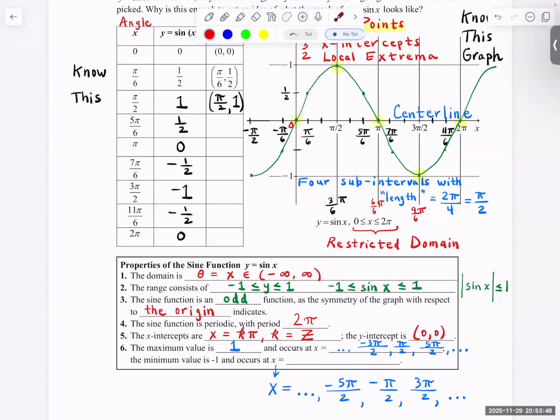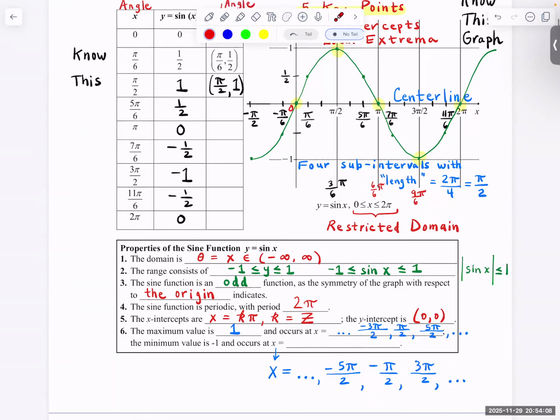The maximum value is positive 1 and occurs when an angle terminates on the y-axis at negative 3 pi over 2, 1 pi over 2, 5 pi over 2, and infinitely more angles.